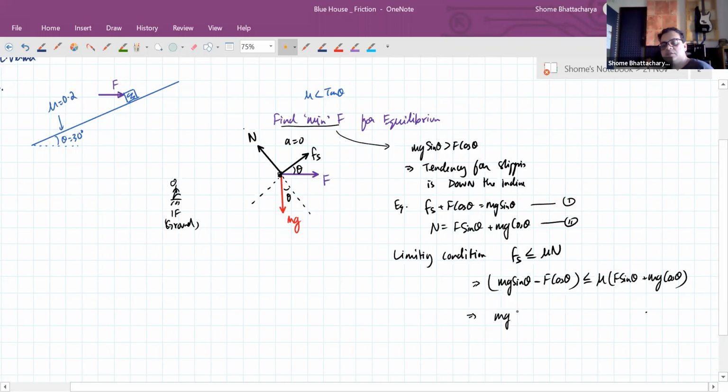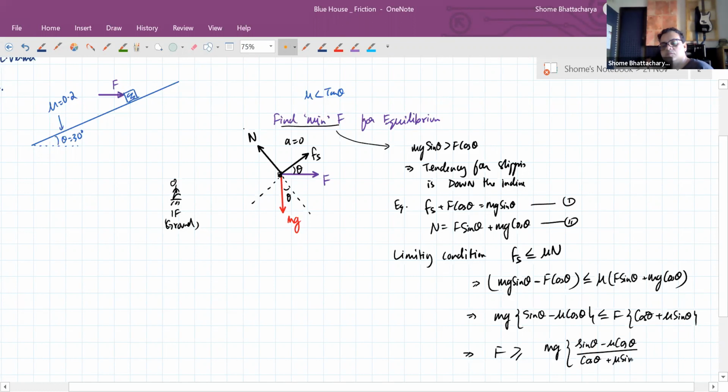Keep mg on one side, so we have sin theta minus mu cos theta, and keep f on the other side, we have cos theta plus mu sin theta. Okay, so you're finding the condition on f. You can see that f should be greater than or equal to this term. Okay.